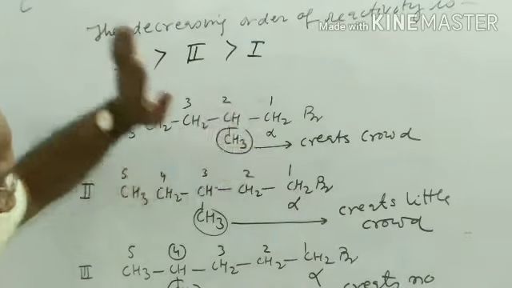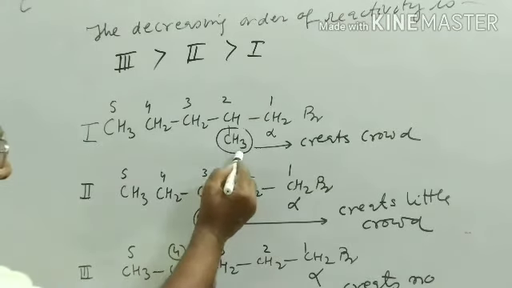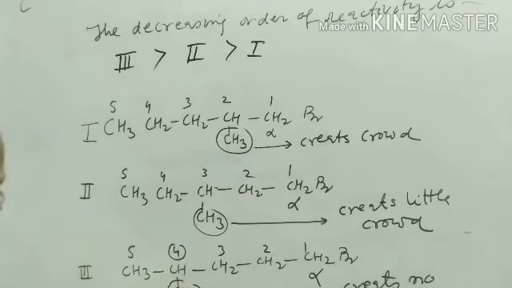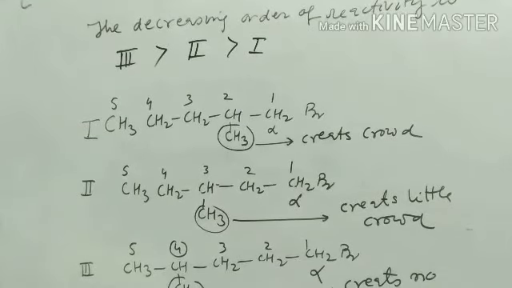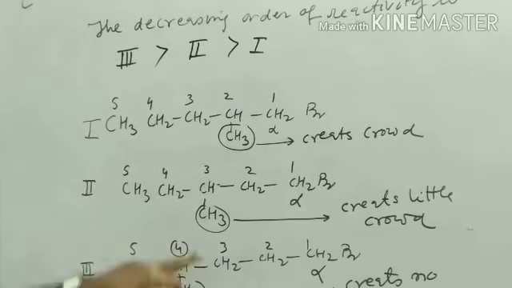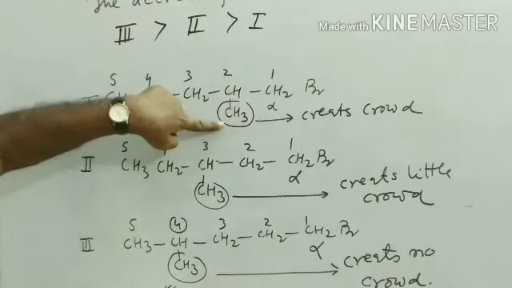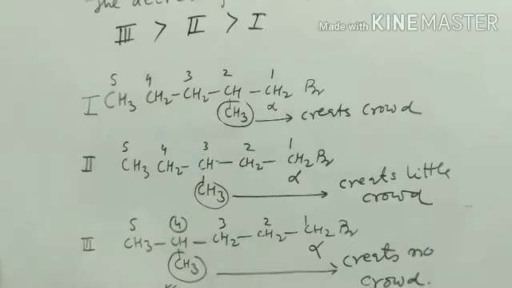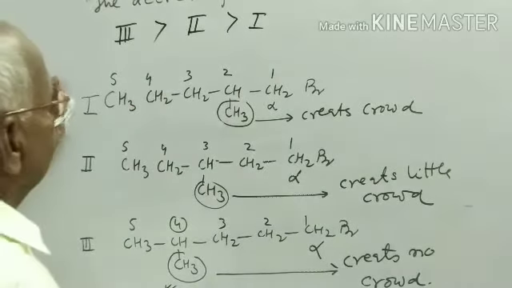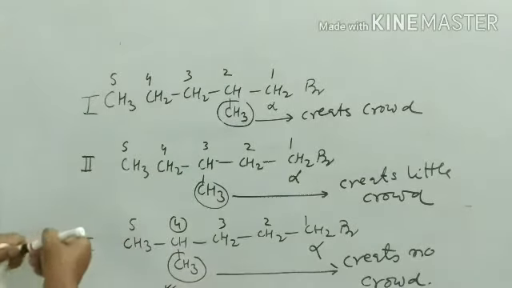What is the difference? The difference is in the position of the side chain. The farther away the side chain, the more the nucleophilic reactivity for SN2 reaction, and the nearer the side chain, the less the nucleophilic reactivity towards SN2 reaction. Now next trick is D, trick D.